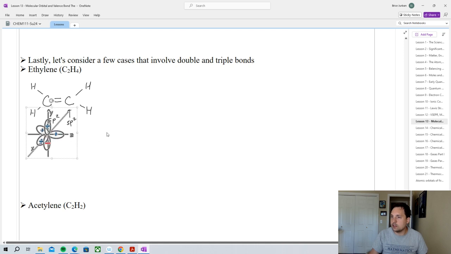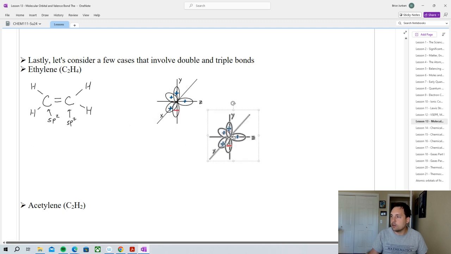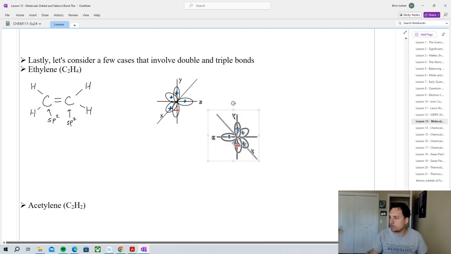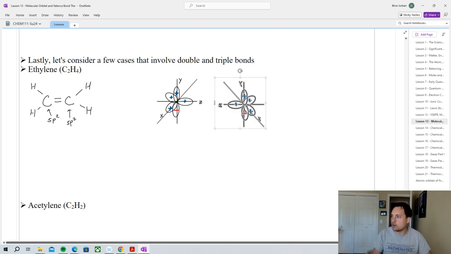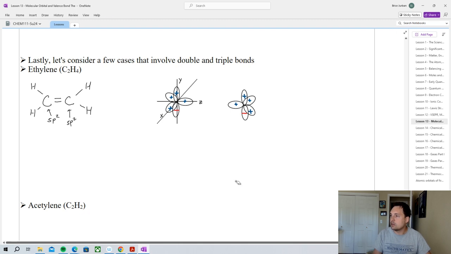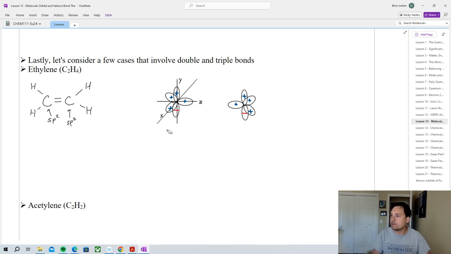What I want you to picture is that each of these images is one carbon. So I have the first carbon on the left, and then I have another carbon, and I'm going to flip this image. And I'm going to erase the axes here so we can see this better.